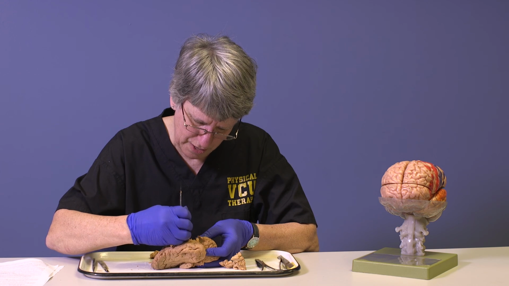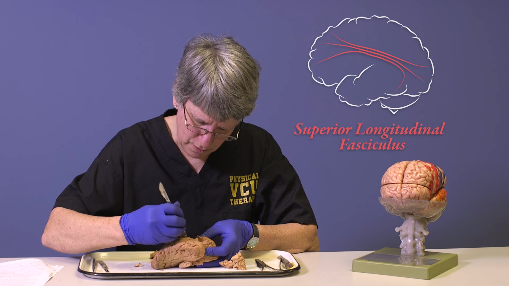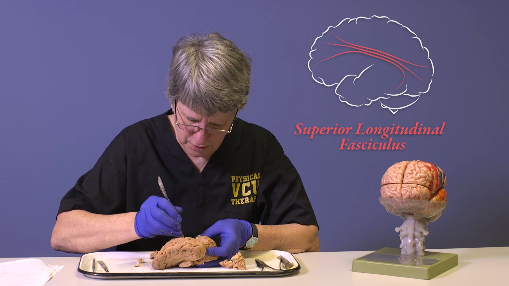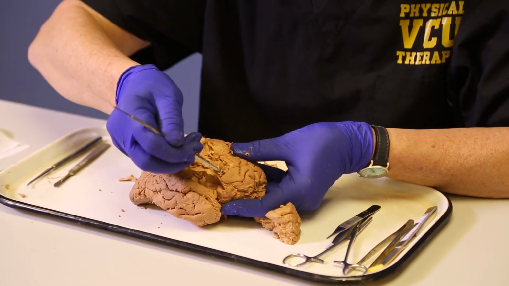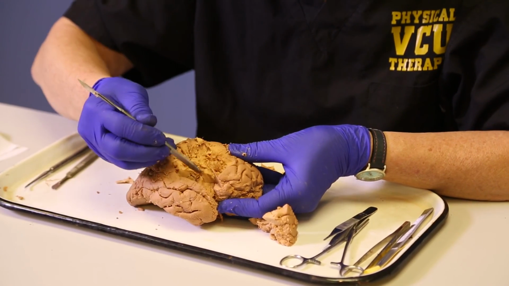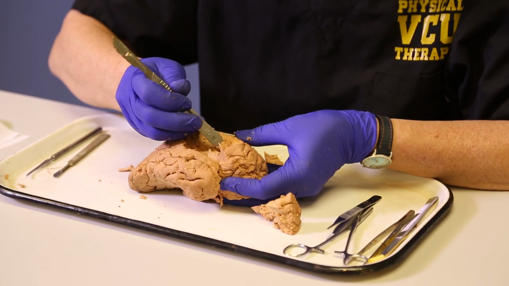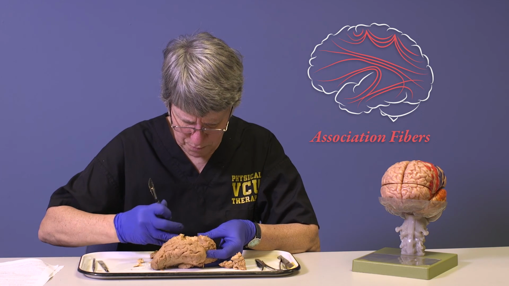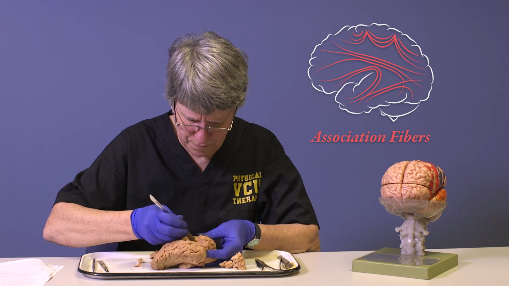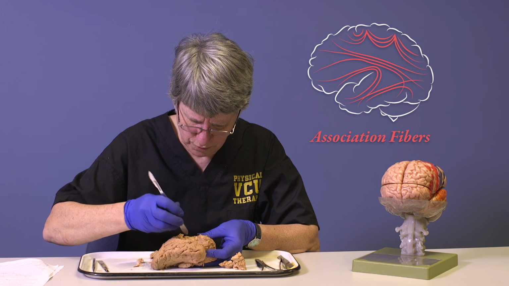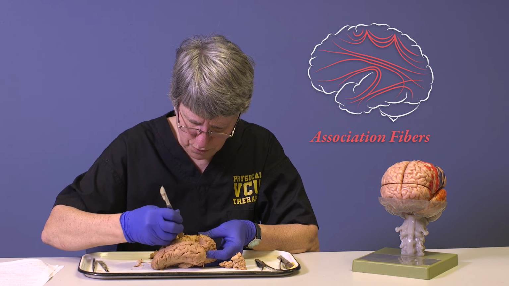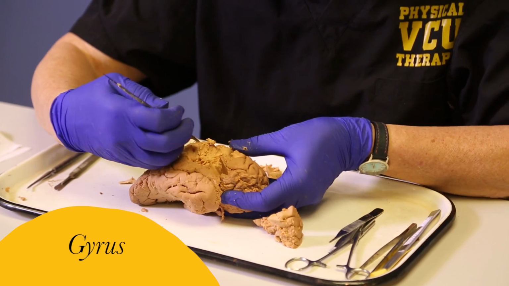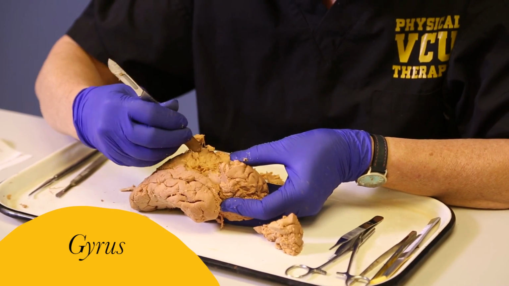As you would expect, the superior longitudinal fasciculus is going to be fibers that go across the top and go this way, across the top of the insula. So that's the first bit of association fibers we're going to see. There are also fibers that go from one gyrus to the next gyrus.